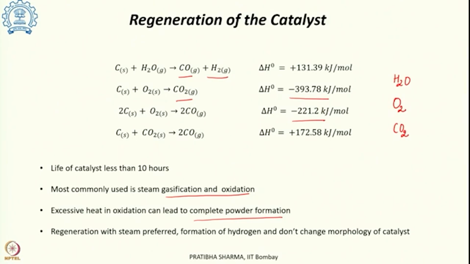So, regeneration with steam is preferred in that case. At the same time, with steam, we can get additional hydrogen as a product, and the surface morphology of the catalyst also remains unchanged with the use of steam.